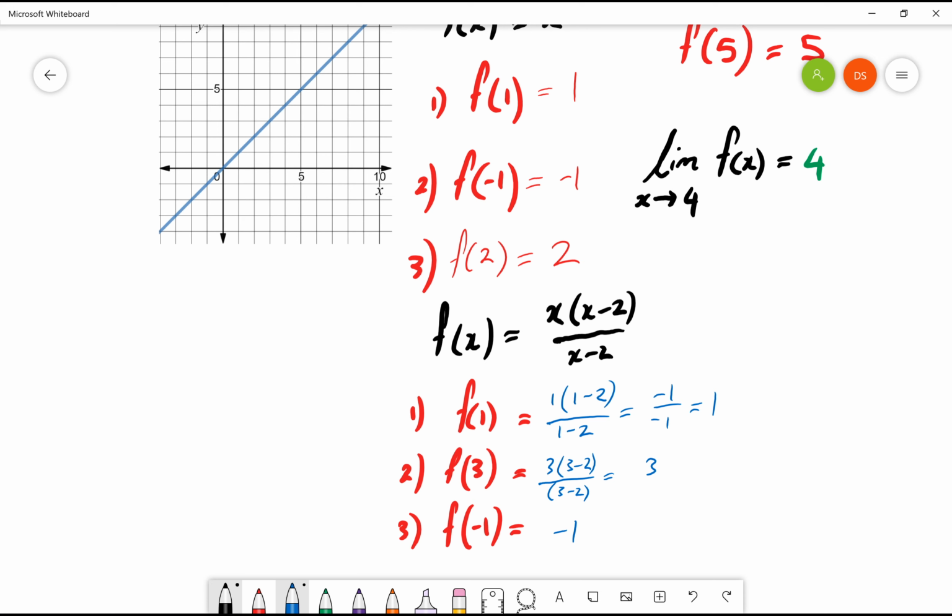Okay. If y'all are that comfortable, what is f of 2?